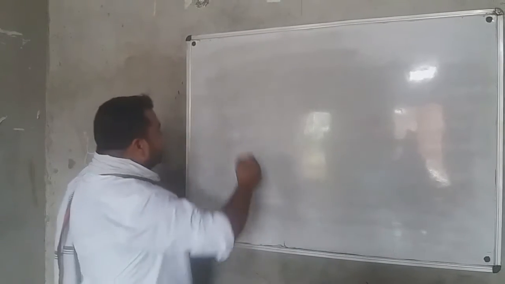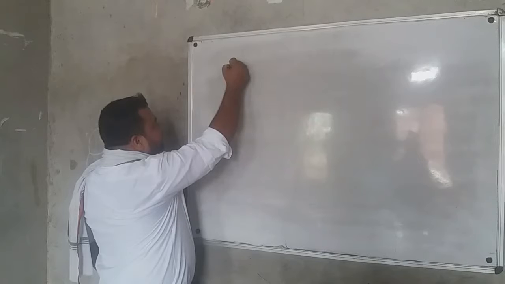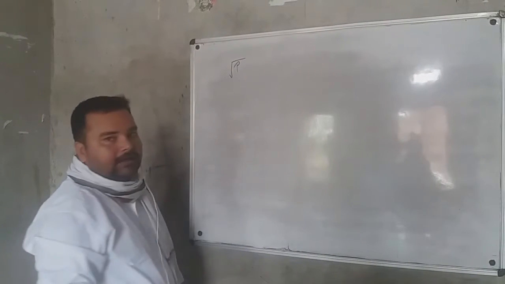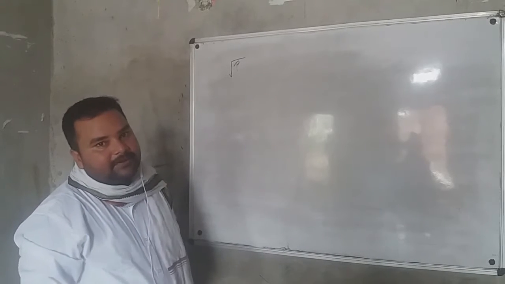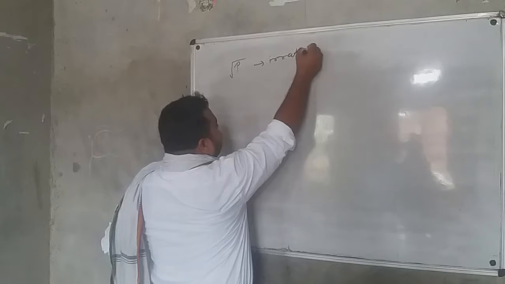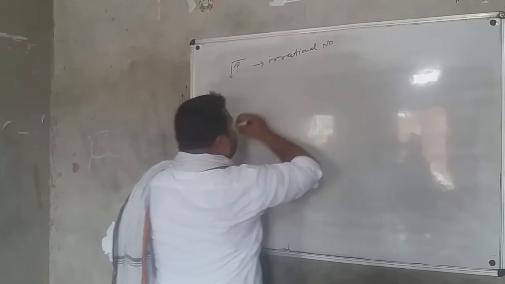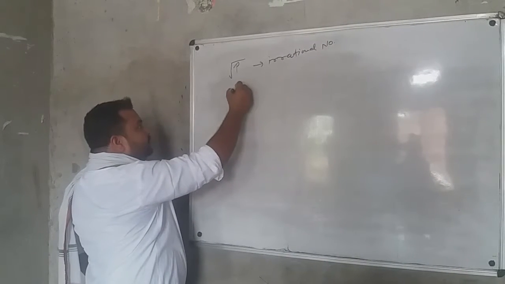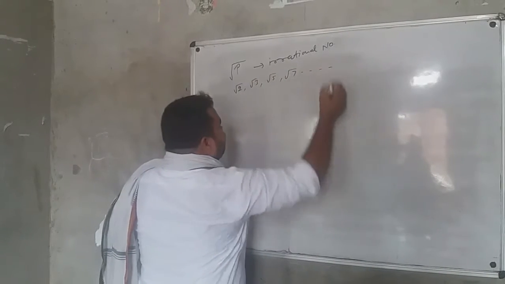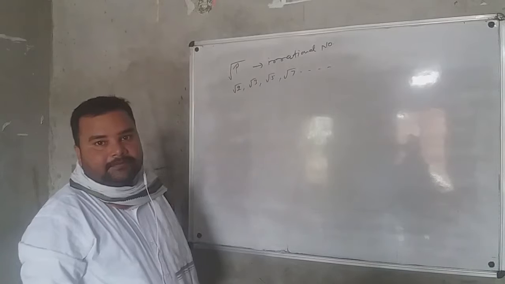We all know when we suppose it is p and when we take square root of this p, it becomes an irrational number. And we also know that root 2, root 3, root 5, root 7 are irrational numbers.